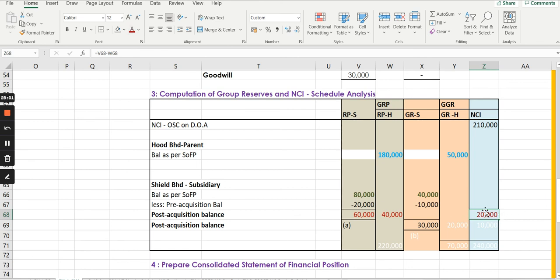That will be shared by NCI as well as by the parent. This is the parent column that will now form part of the group retained profit, the share of the subsidiary's post-acquisition profit. The second one is the post-acquisition balance for the general reserve. 2/3 of it, of course, is 20,000.